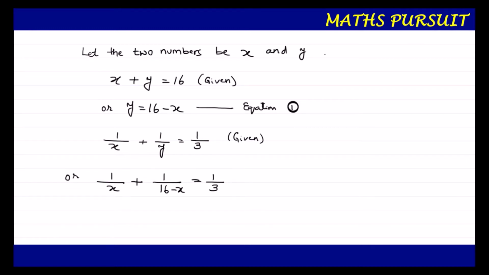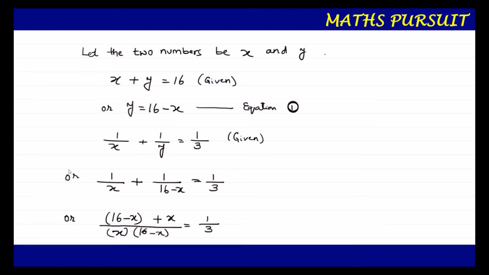Now guys, let us try to solve this particular equation that we got. So taking the LCM as x into 16 minus x, we can solve this equation. So this one will become 16 minus x plus x upon x into 16 minus x is equal to 1 upon 3.